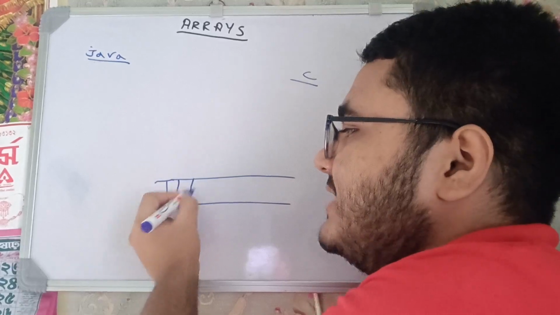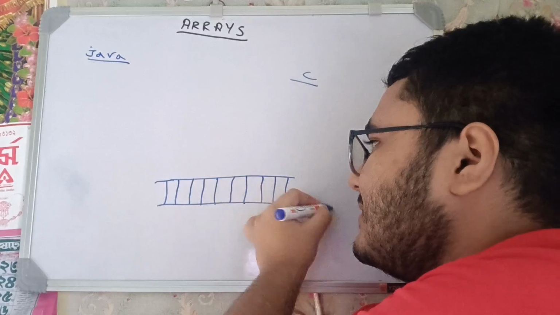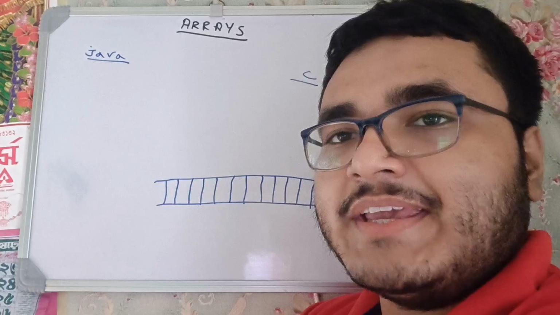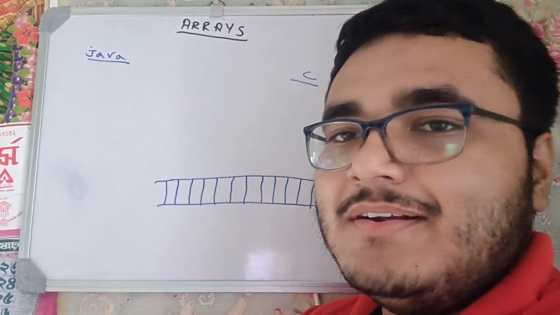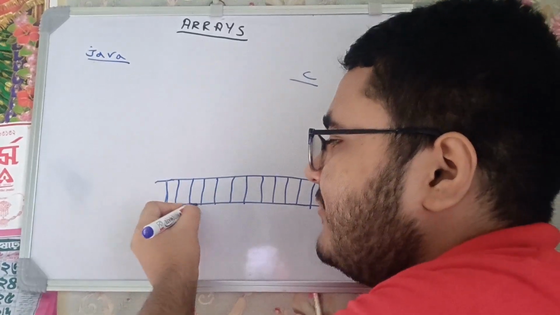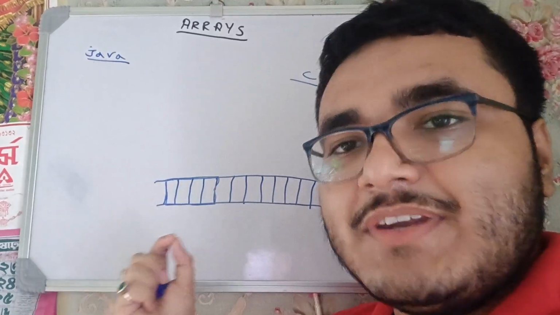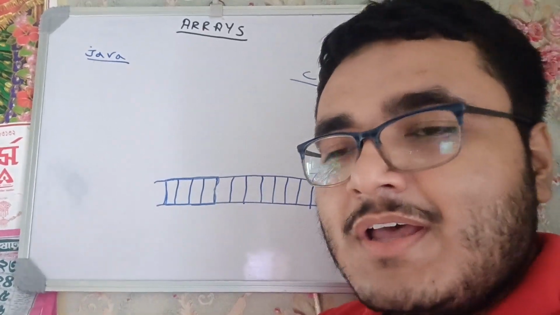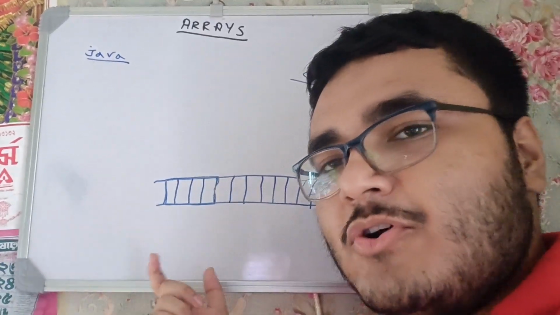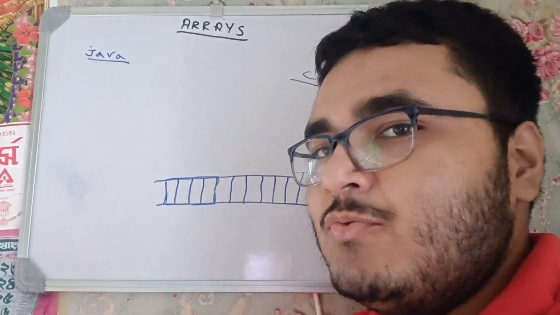If this is a long strip of memory, and I want to declare a variable such that it occupies 4 bytes each, with different slots to store elements. In a single variable, I should have different slots to store different elements. That is the concept of array, but they will be in a contiguous location.